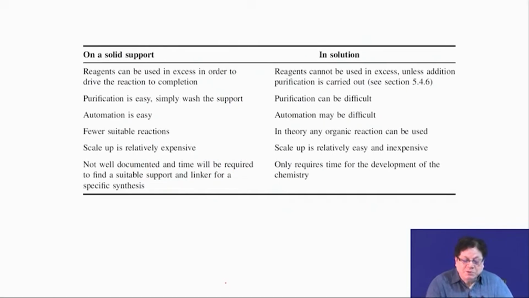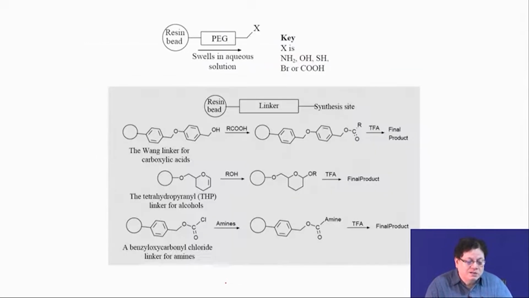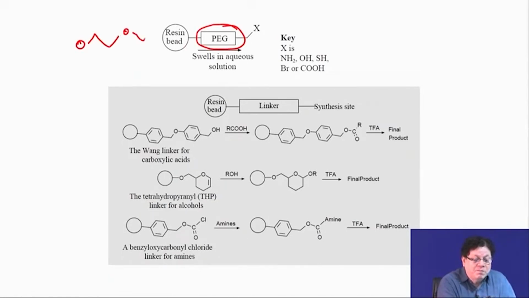We know the advantage of the solid support. These are some of the resin beads. In Merrifield resin we know that it is polystyrene which is chloromethylated. Here the resin bead has a polyethylene glycol chain. The beauty of this type of moiety is that it swells in water.